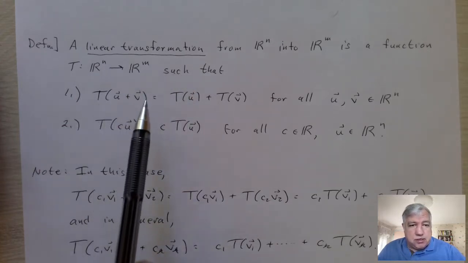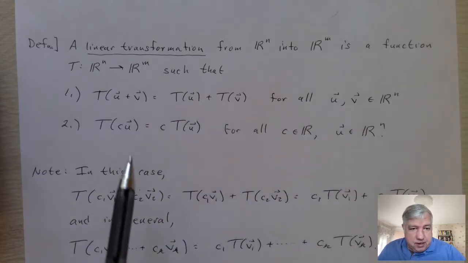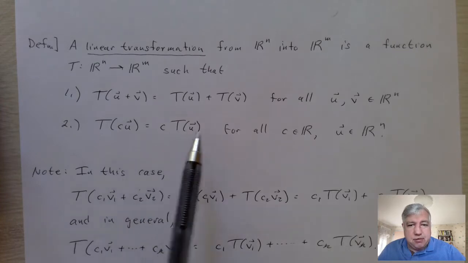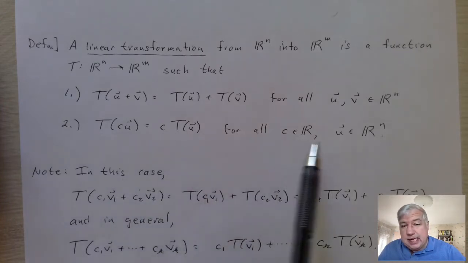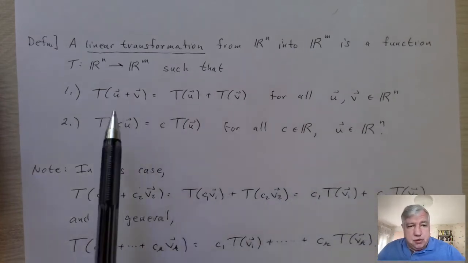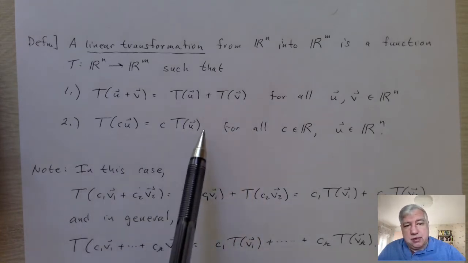T(u + v) equals T(u) + T(v) for any vectors u and v, and T(cu) equals c times T(u) for any real number c and any vector u. The first means it preserves vector addition. The second means that it preserves scalar multiplication.